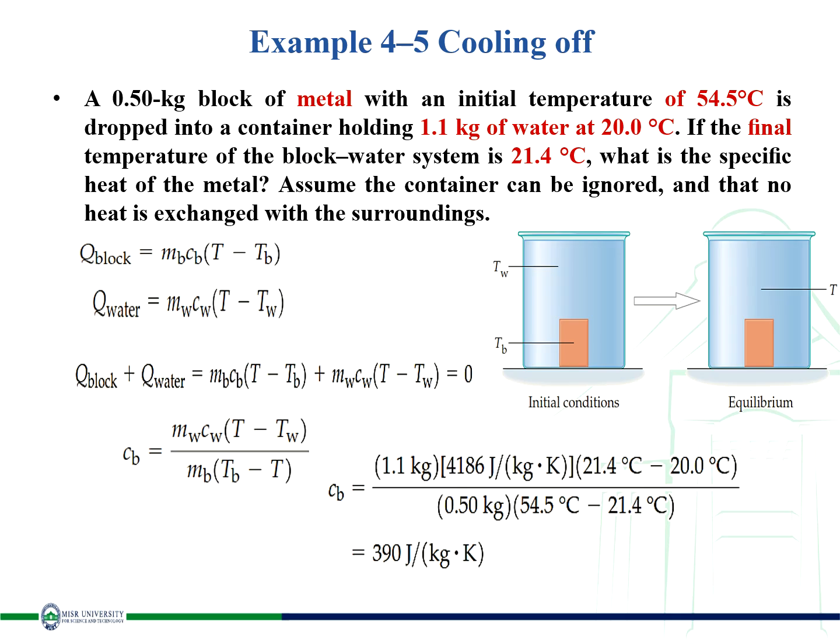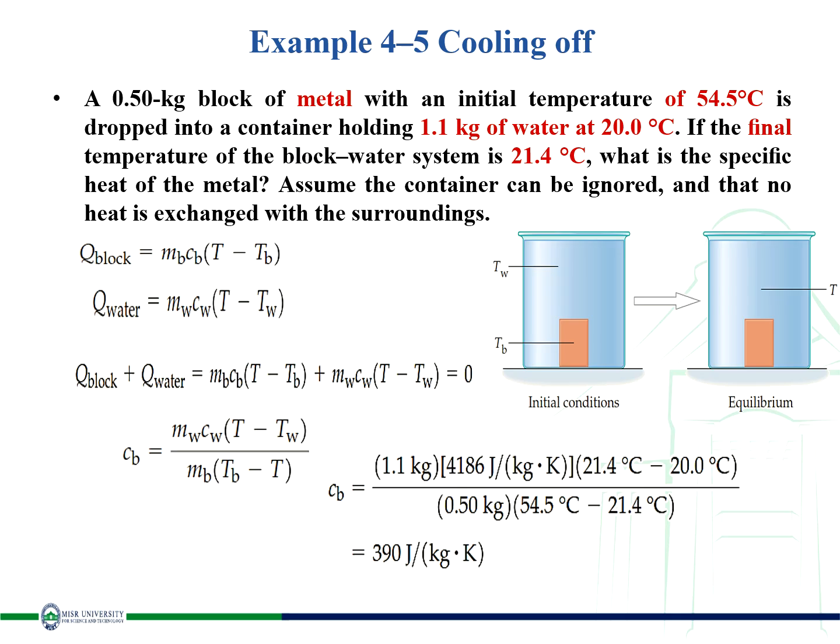We can absorb it by flipping the terms in the denominator's temperature difference, changing T minus T_B to T_B minus T. This makes the denominator positive, which is often cleaner for calculations. So the equation becomes c block equals m water c water (T minus T_W) divided by m block (T_B minus T).